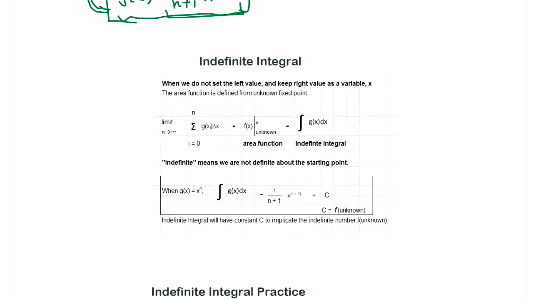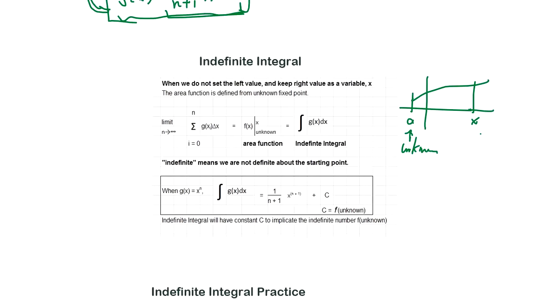Indefinite integral. Now, indefinite integral is where we use this point unknown to point x.